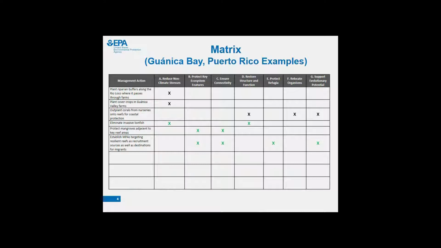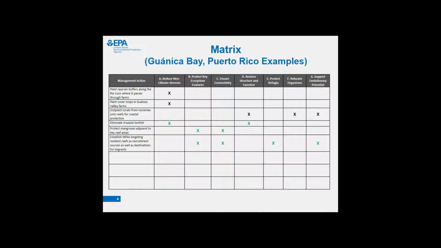And the second point is that your interpretation of which strategies are covered by an action might be a little bit different, and that can be okay. So in the example of eliminating invasive lionfish, when you study the compendium, you find reference to dealing with invasive species under reducing non-climate stresses.